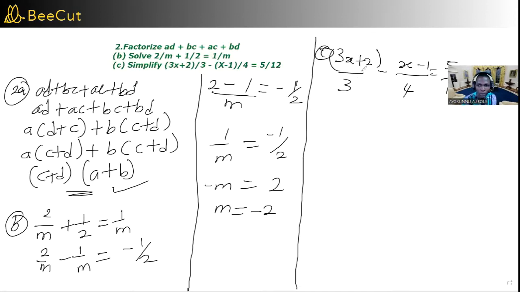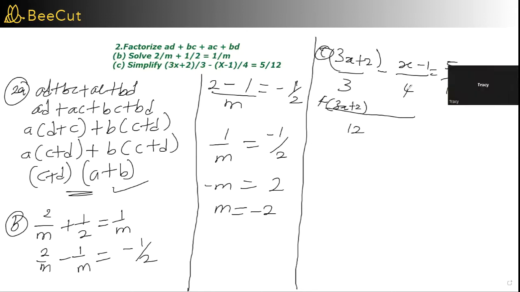This time around, what you do on this left hand side is to find your LCM. So LCM of 3 and 4 is 12. So you put 12 as the LCM here, then 3 into 12 is 4, 4 into the bracket. So that is 4 into 3x plus 2. Then 4 into 12 is 3. That is minus 3 times x minus 1. Then equals 5 over 12.